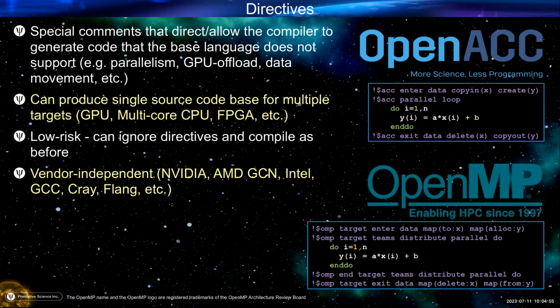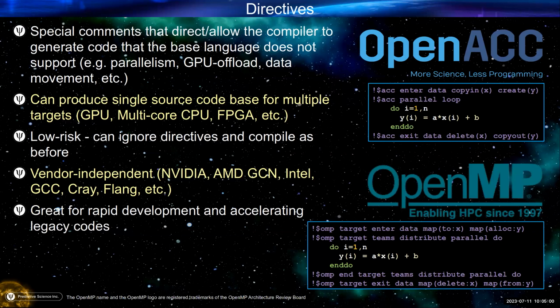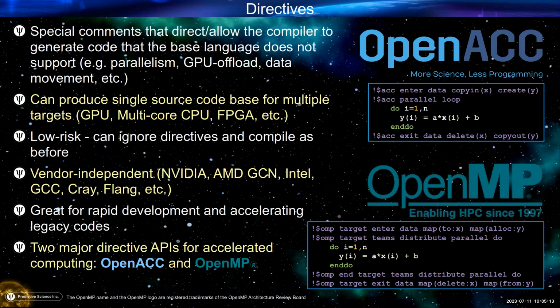In practice, in terms of maturity of implementation, there are vast differences, but they're really good for rapid development, and they're also extremely good at accelerating legacy code. So if you have some old Fortran code that you want to put on the GPUs, it allows you to not rewrite the whole thing. The 2 major directive APIs right now for GPUs are OpenACC and OpenMP.